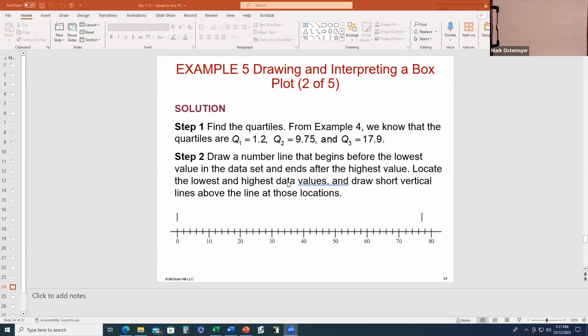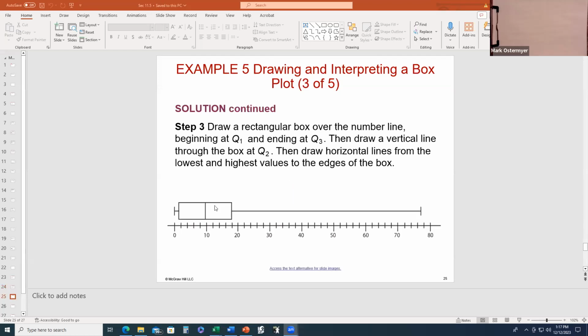So where would the first quartile go? 1.2. Well, 1.2 is going to be about right here. That'll be the first quartile. Second quartile, which is 9.75, would go about right here. Notice it projects down to the horizontal axis at about 9.75, right in here.